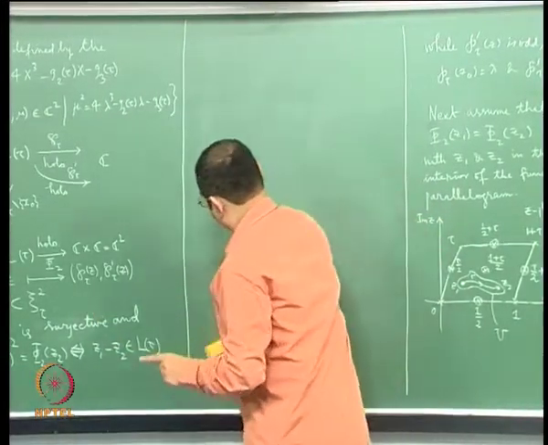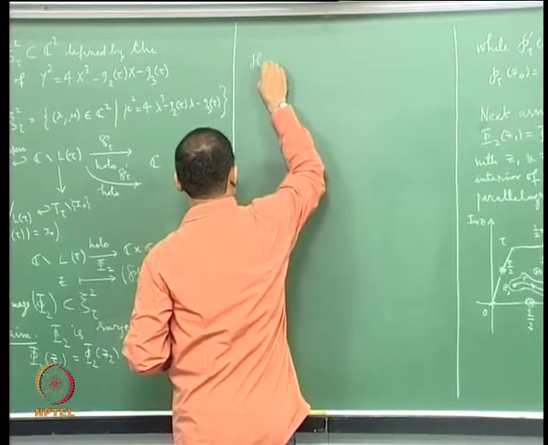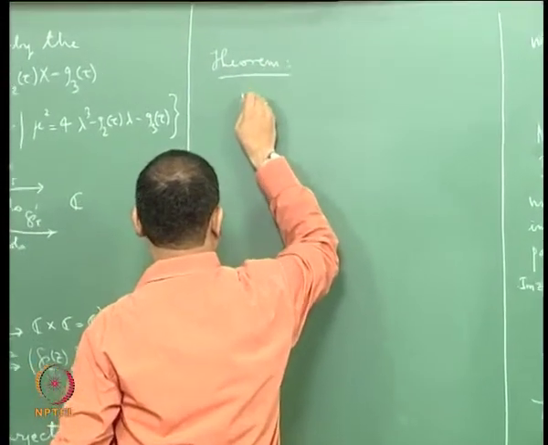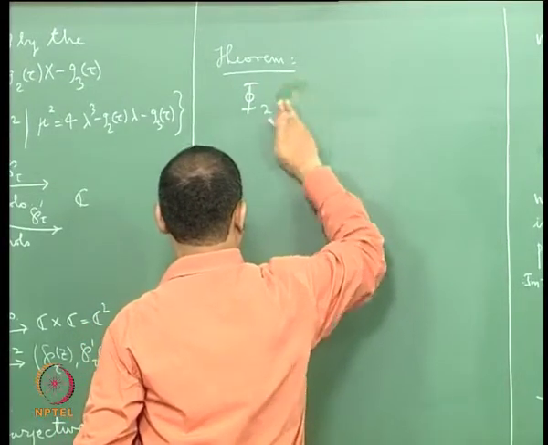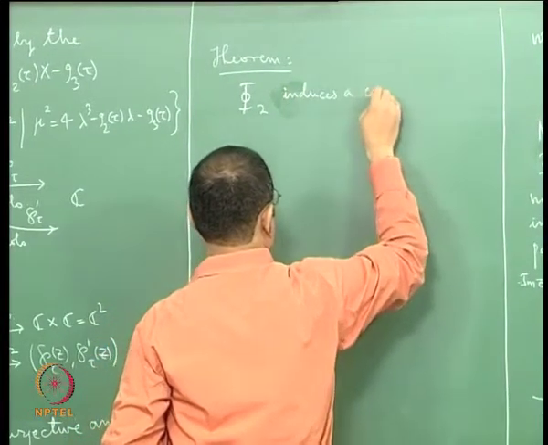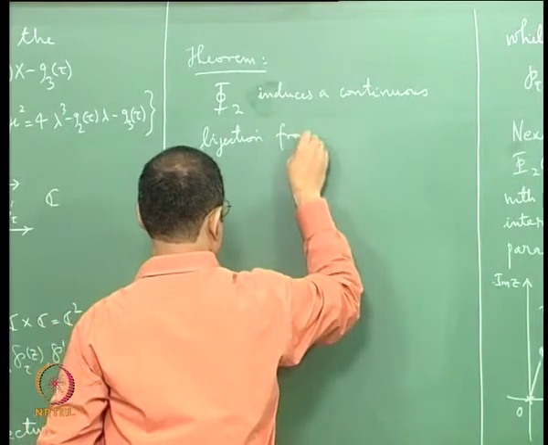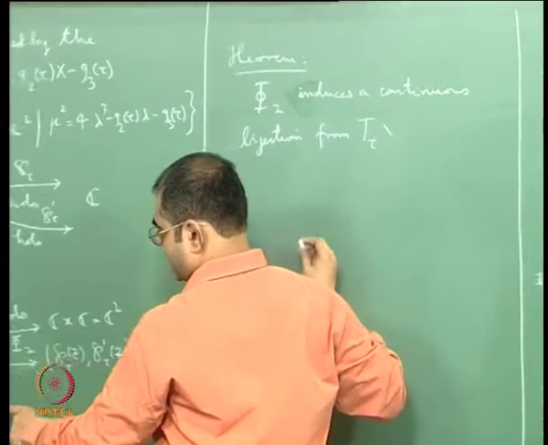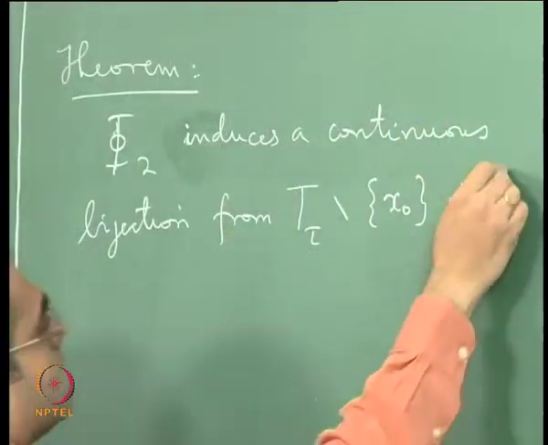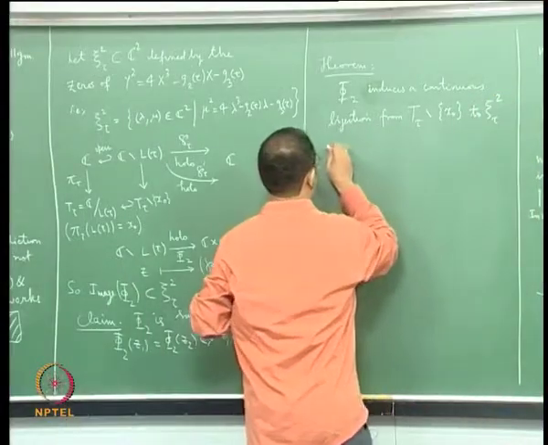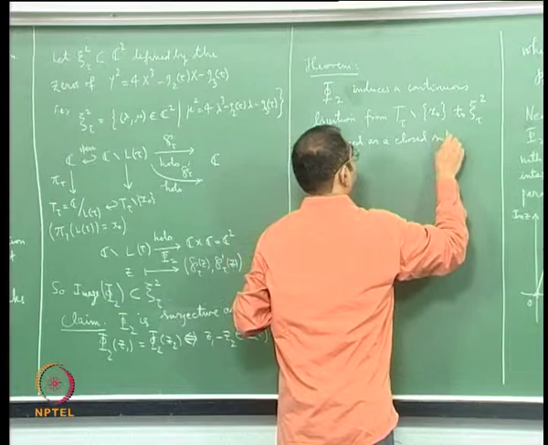So you can call this a theorem: phi sub 2 from the torus induces a continuous bijection from t sub tau minus the special point, which is the image of the lattice, to this subset xi sub tau upper 2, considered as a closed subset of C2.